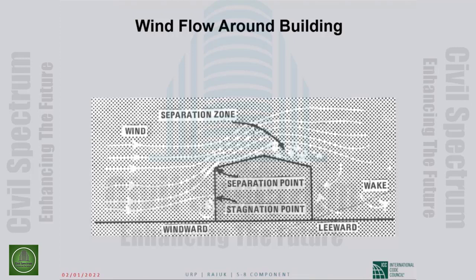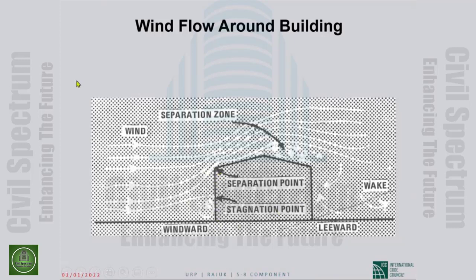As I said, any building that you put up stands in the way of wind. So the wind has no choice but to hit the building and to go around the building. Okay. So this is called the windward face of the building.